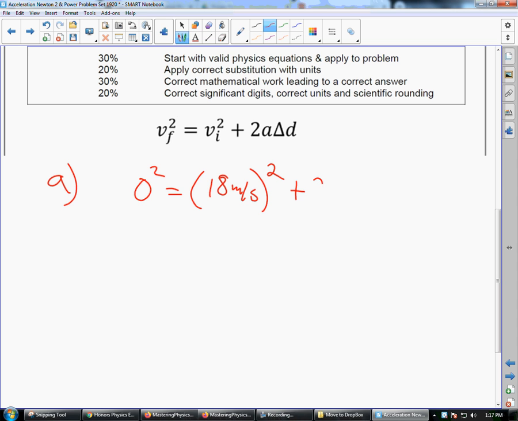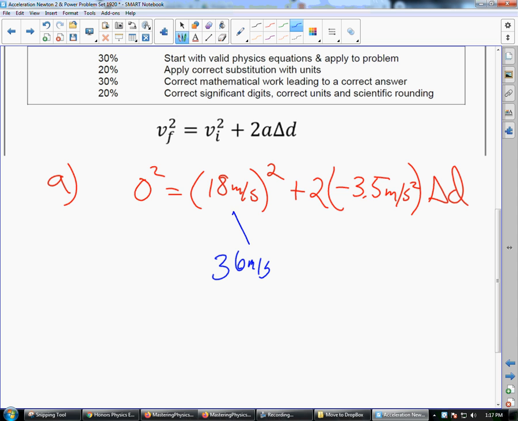And my acceleration has to be negative. And then I'm looking for my displacement. And then the second part is just, what was it, 36? Rather than 18.